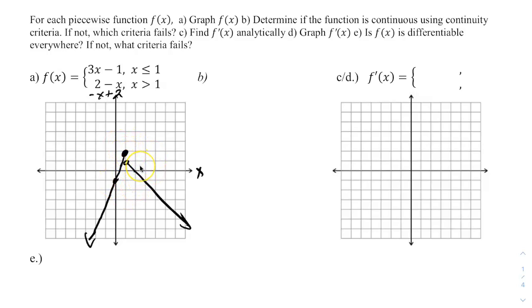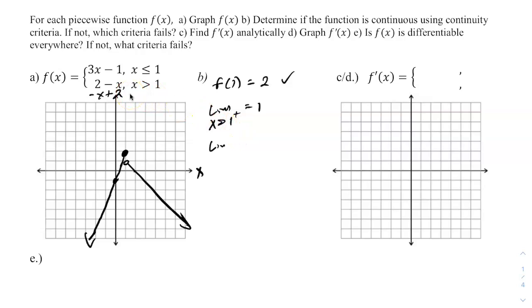If it's a jump, it has to fail criteria 2. The limit should not exist. But let's do the work here. With the criteria, f of 1 equals 2, so that exists. The limit as x approaches 1 from the right: you plug 1 into 2 minus x and you get 1.